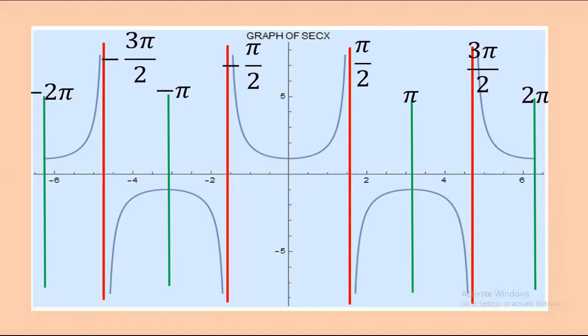And another thing you see, if we fold this graph along this axis, the left portion will coincide with the right portion. That is, if we fold this graph along this line, the two parts will coincide with each other, left part and right part. So this is symmetric. The sec function is also symmetric, like the cos function.